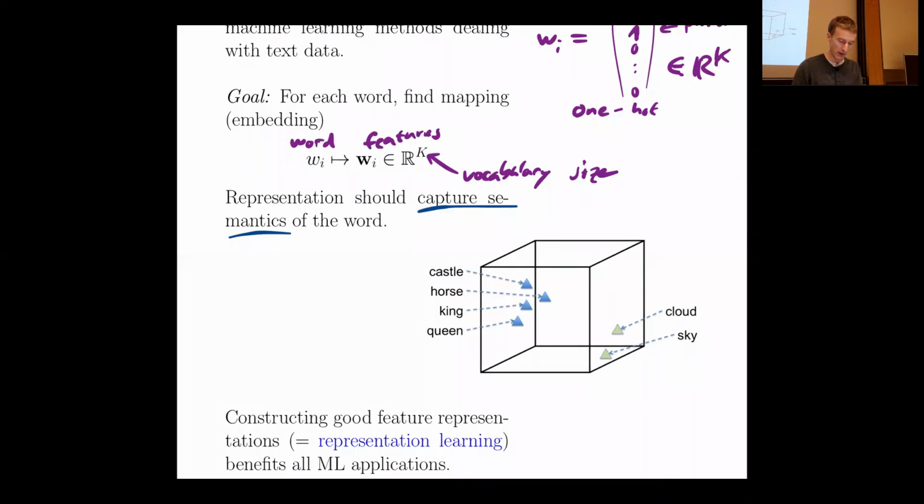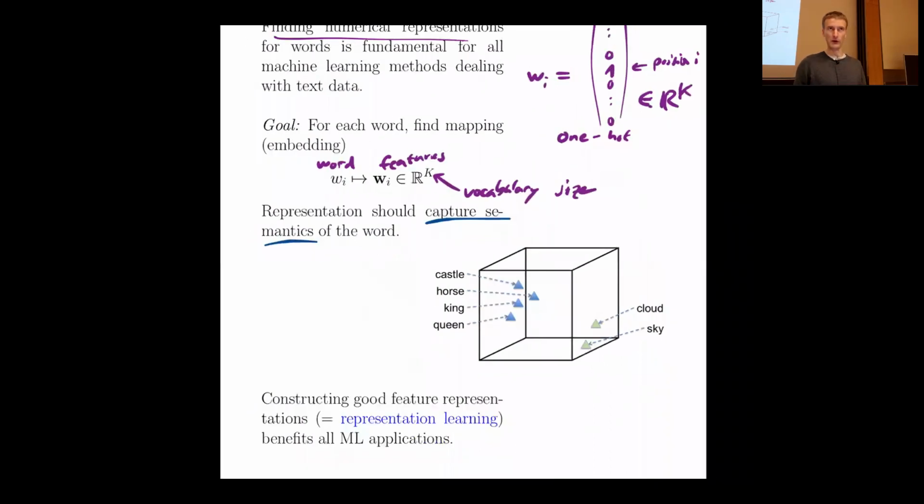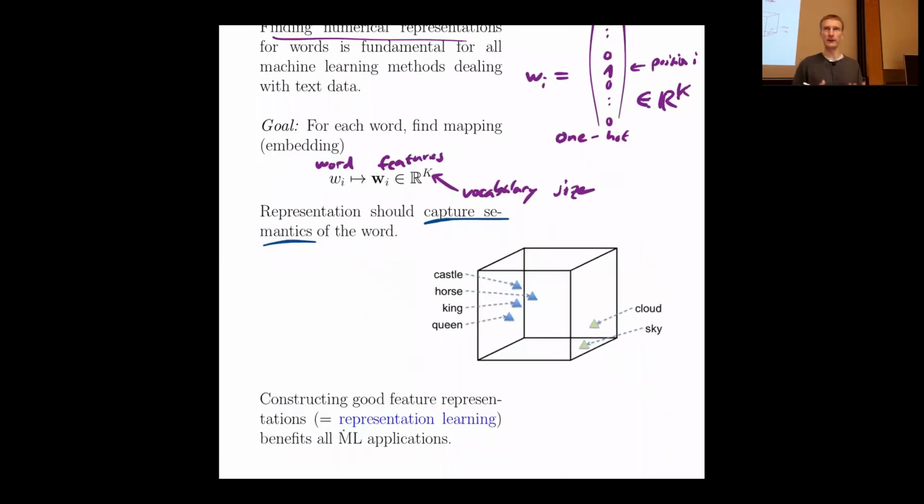What would be much better is to get something where similar words have similar feature vectors. That would be the goal, right? That would be much nicer. That's always what you would like to have when you do representation learning. You would like to get features which reflect the true meaning of your input, right? For an image, the pixels are also not that.